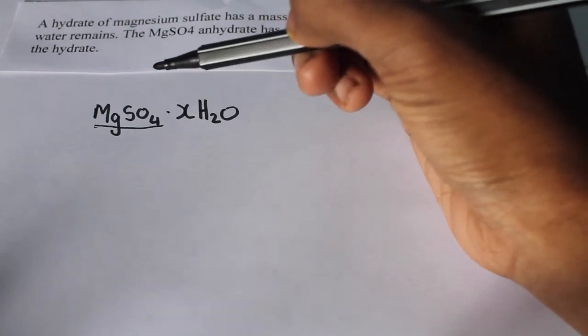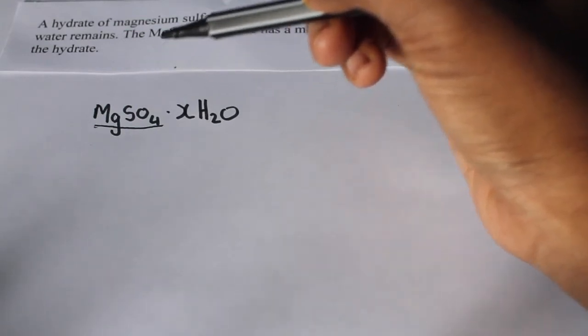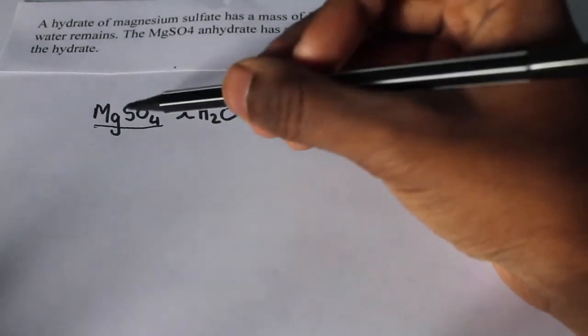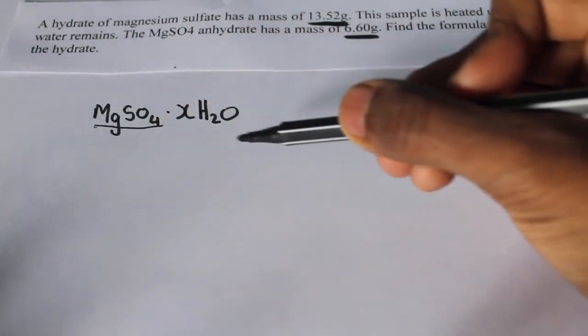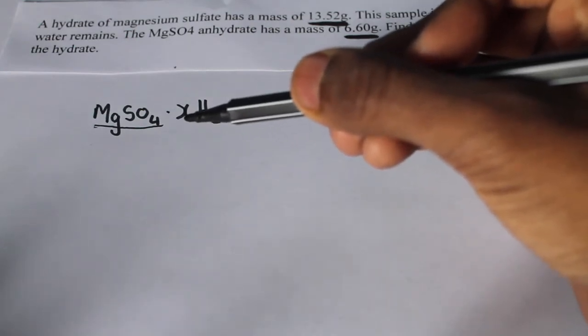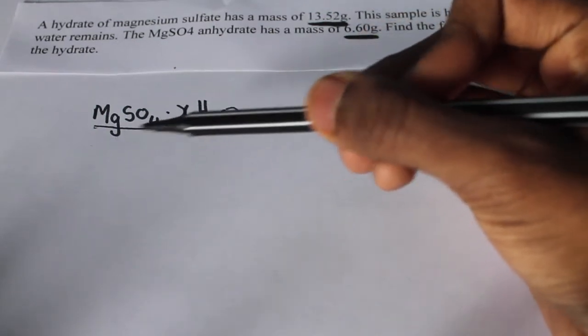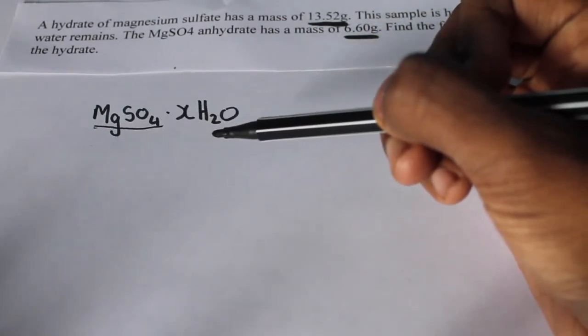This compound by itself is called an anhydrate because it will have no water bonded to it. The entire thing is called a hydrate. It consists of a compound with a water molecule.